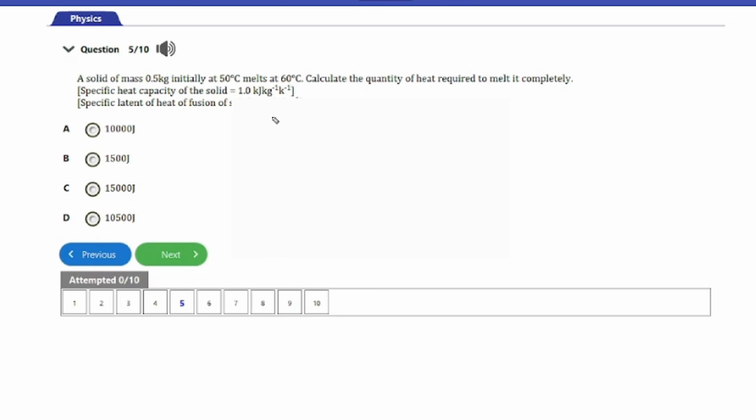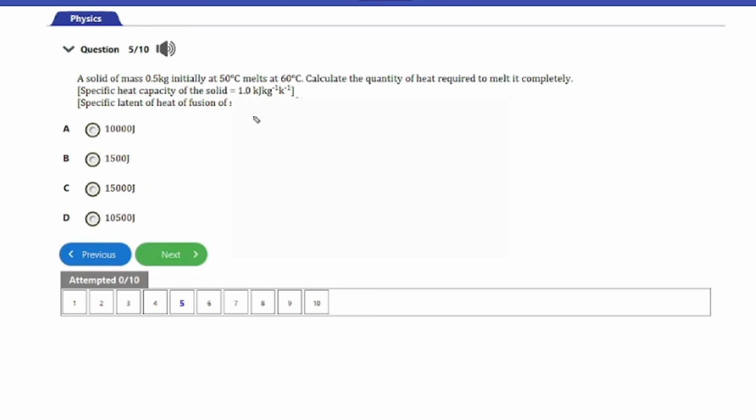Alright, so here guys, we actually noticed that there is a mix-up. The specific latent heat of fusion of this mass is supposed to be 1, and then the specific heat capacity is meant to be 2.